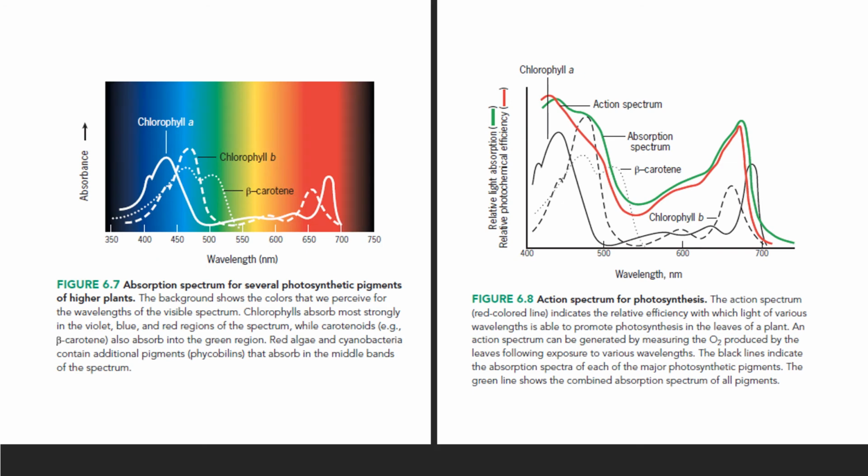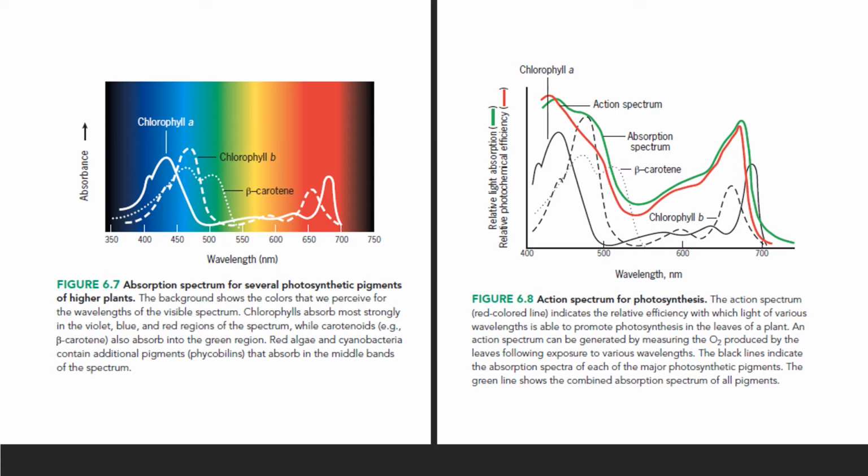So here you will see in figure 6.7 the absorption spectrum for several photosynthetic pigments of higher plants. Here you will see the absorbance rate and of course the wavelength, which is measured in nanometers. The background shows the colors that we perceive for the wavelengths of the visible spectrum.